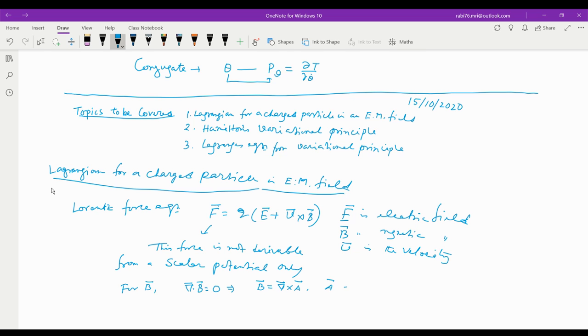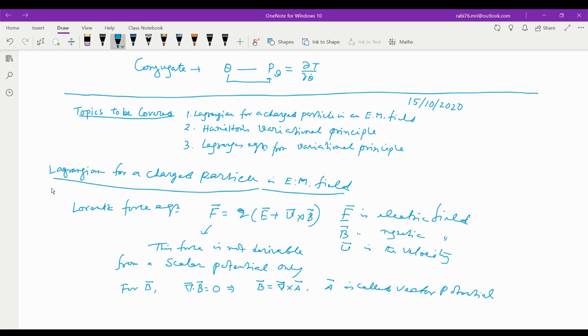A is called vector potential. So B is also derivable from a potential, but that is not scalar. That is a vector potential. The problem lies here, right?